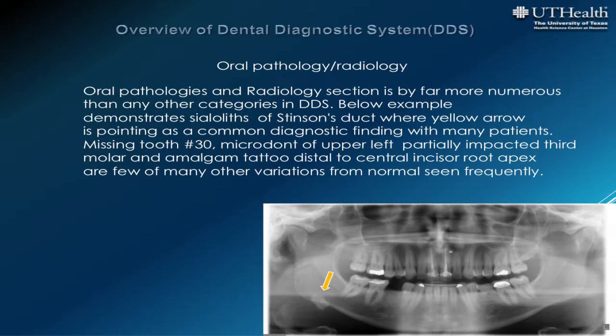Missing tooth number 30, microdont of upper left partially impacted third molar, and amalgam tattoo distal to central incisor root apex are a few of many other variations from normal seen frequently.